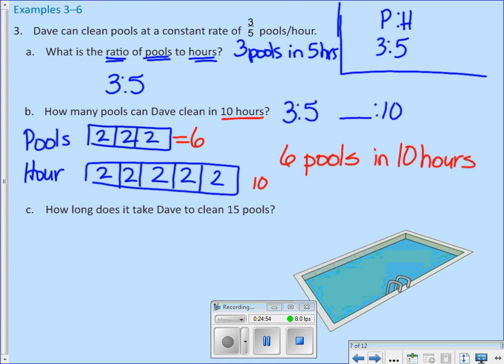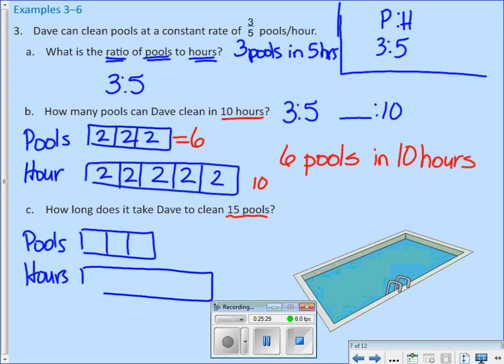Could you use the same ratio if the number given is higher? Yes, we're still going to use 3 to 5. So here we have another number, 15 pools. Even though it's a bigger number, we're still going to use our same initial ratio, the 3 to 5. So we have pools and hours, and we have 15 pools.